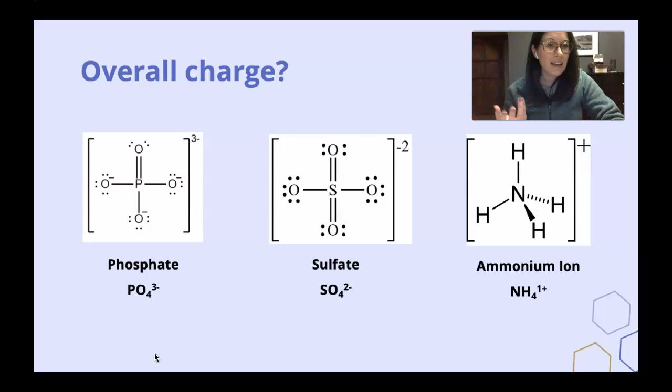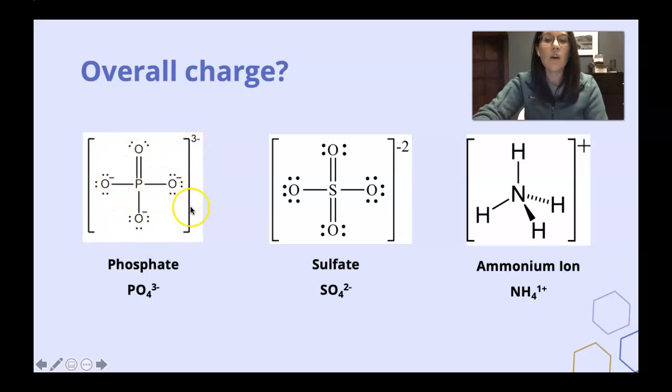All right, so what exactly do we mean by overall charge? Well, think of the entire polyatomic ion, all of the atoms in it, as possessing that charge. So sometimes this is represented in Lewis structures with brackets. So here's phosphate, PO4. So here we have phosphorus with 4 oxygens.